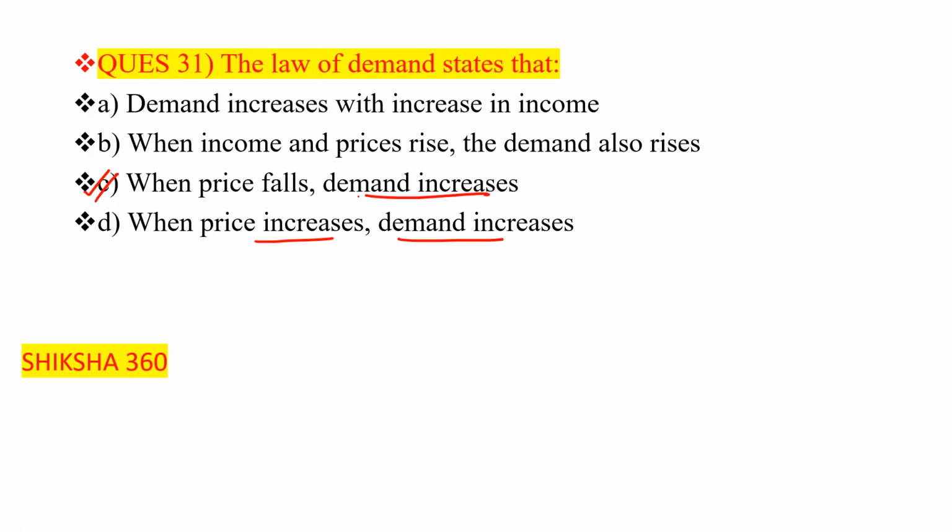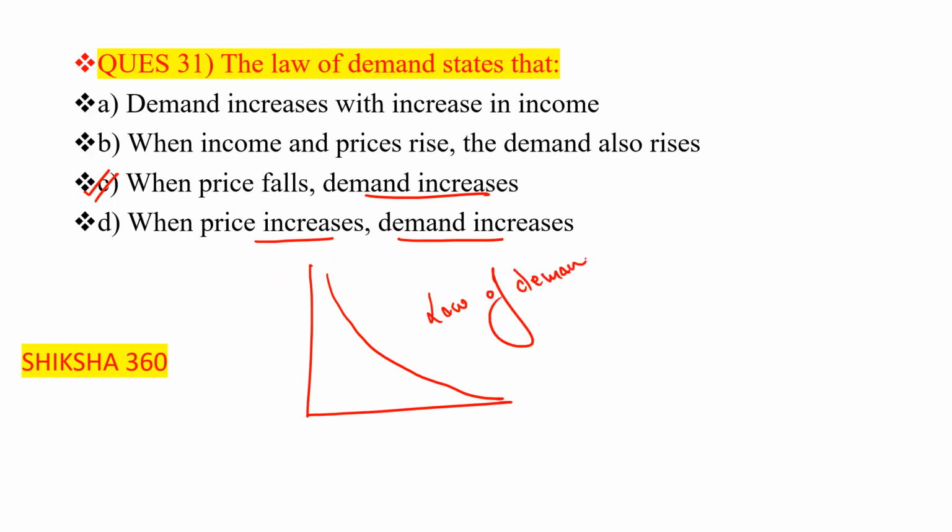Clear, which we have already discussed. This is shown by the law of demand, that is when the price is going to fall. This is the price, same diagram. This is the quantity demanded.